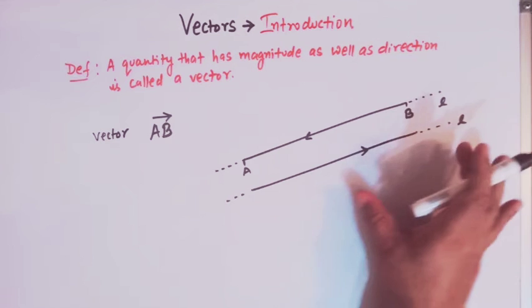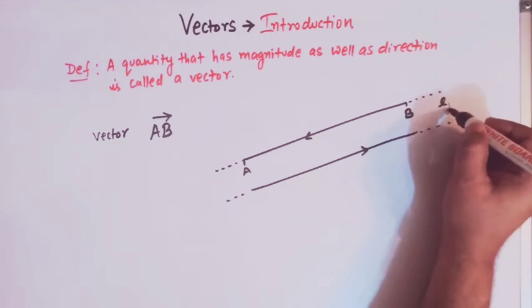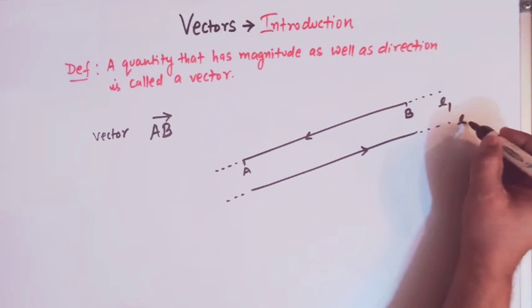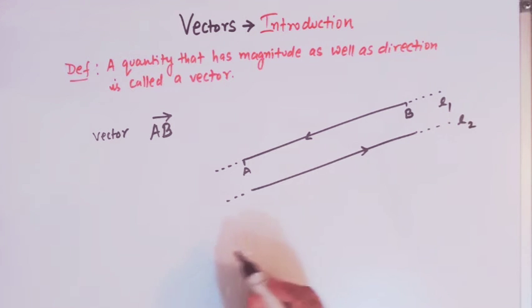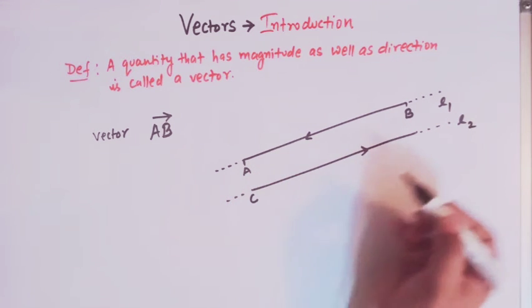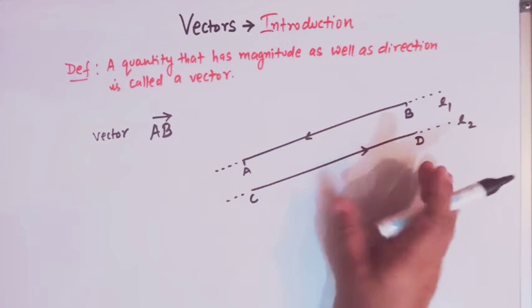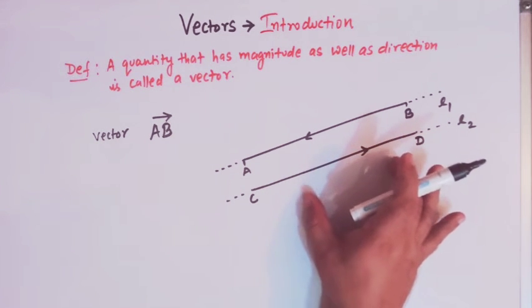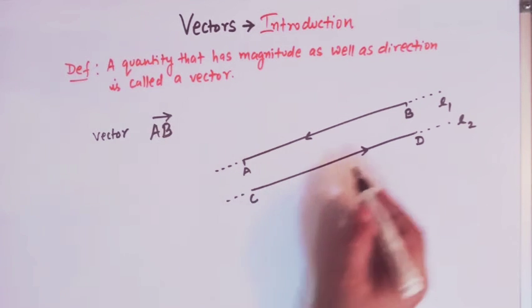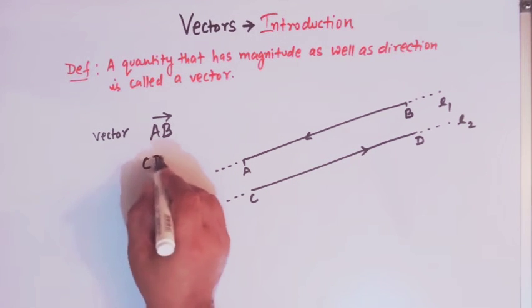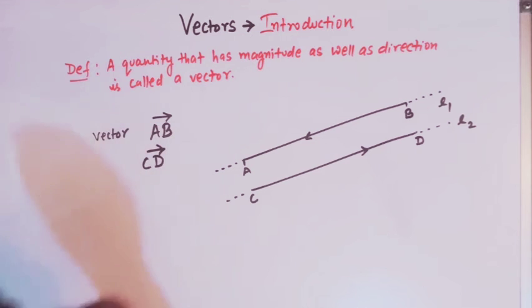Now similarly, suppose this is line L1 and here we have L2, and say here we take C and here we take D. Then the direction of this line segment is shown here, and this is again a vector, right?